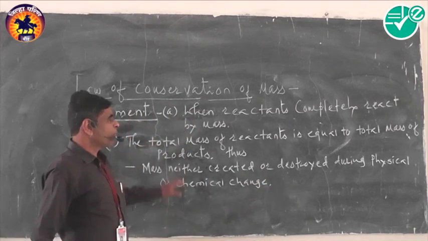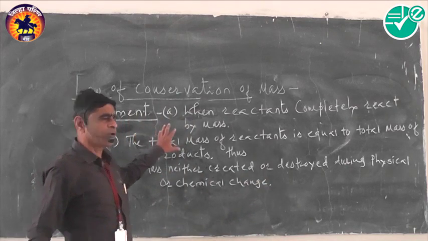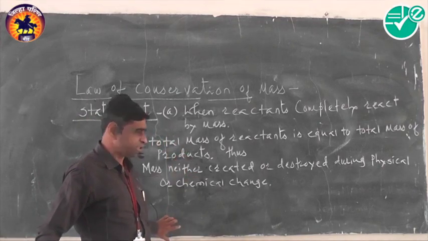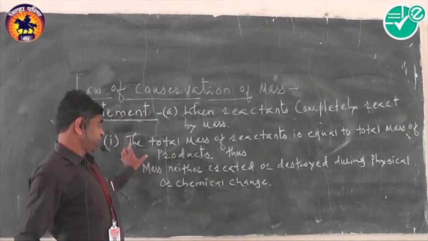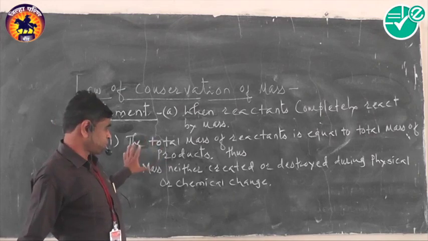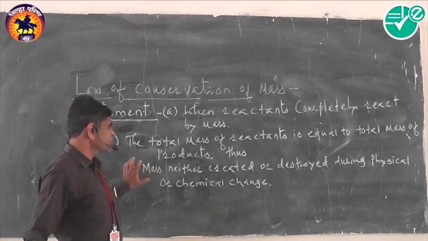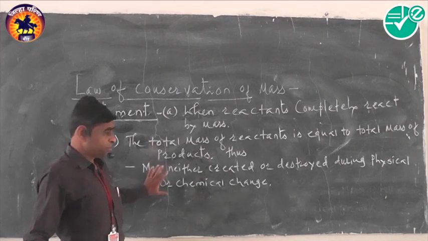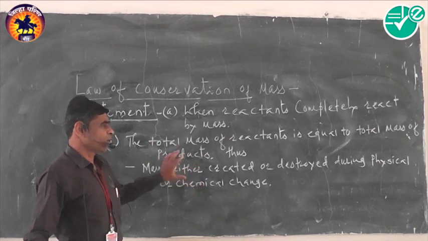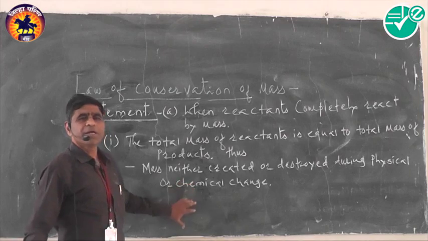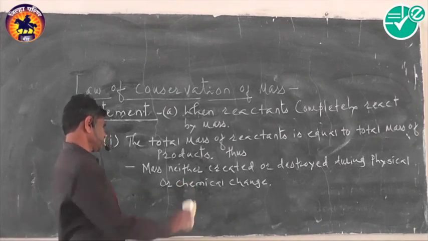So this law is applicable for physical change as well as chemical change. When reactants are completely converted into product, the total mass of reactants is equal to the total mass of product. It means mass is neither created nor destroyed during a physical or chemical change.